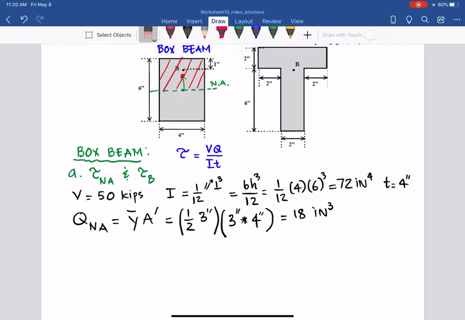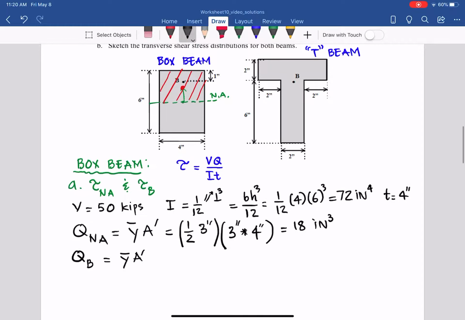And to find tau at point B, we need to find the first moment of outward area at point B. It equals also y bar A prime. So let me erase this one just to show you where to find it from B. So y bar and A prime, we need to know where the A prime is, in this case from the point of interest to the outward area.